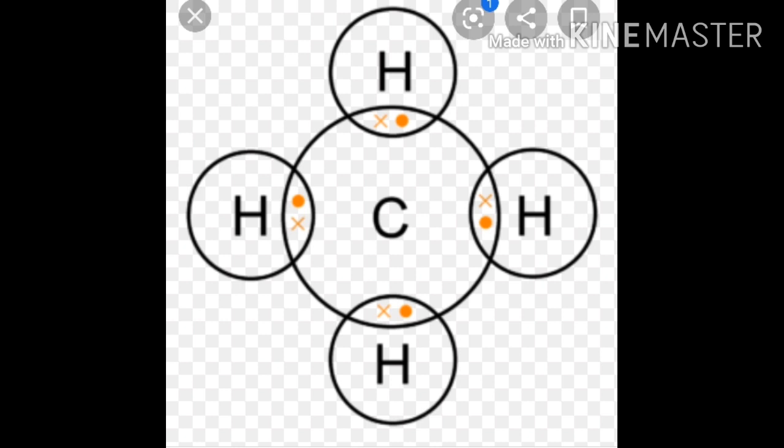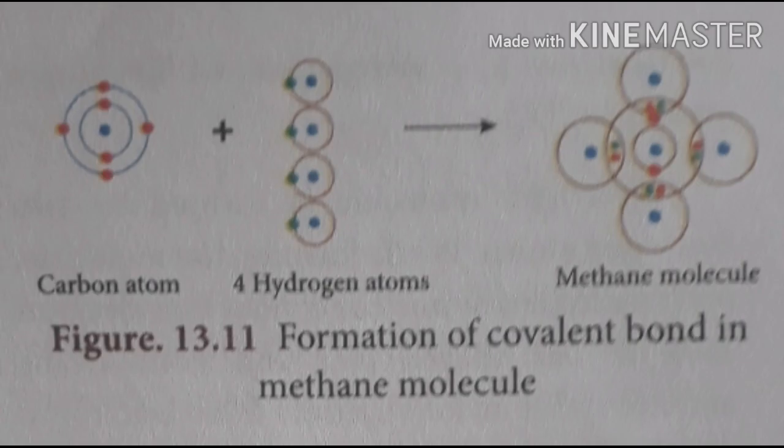So then the electronic configuration of the carbon atom will become 2, 8, which is the nearest electronic configuration of neon, 2, 8. In the same way, by sharing the electrons of hydrogen with carbon, each hydrogen attains the nearest electronic configuration of helium, that is 2. So thus a bond is formed between C, that is carbon, and H, hydrogen.